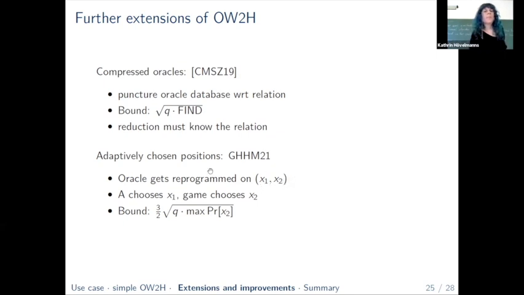We have the adversary choose the first portion of the reprogramming position, and the game chooses the second part. And the bound we achieve is defined relative to the number of oracle queries and the maximum probability of the game choosing a particular X2.